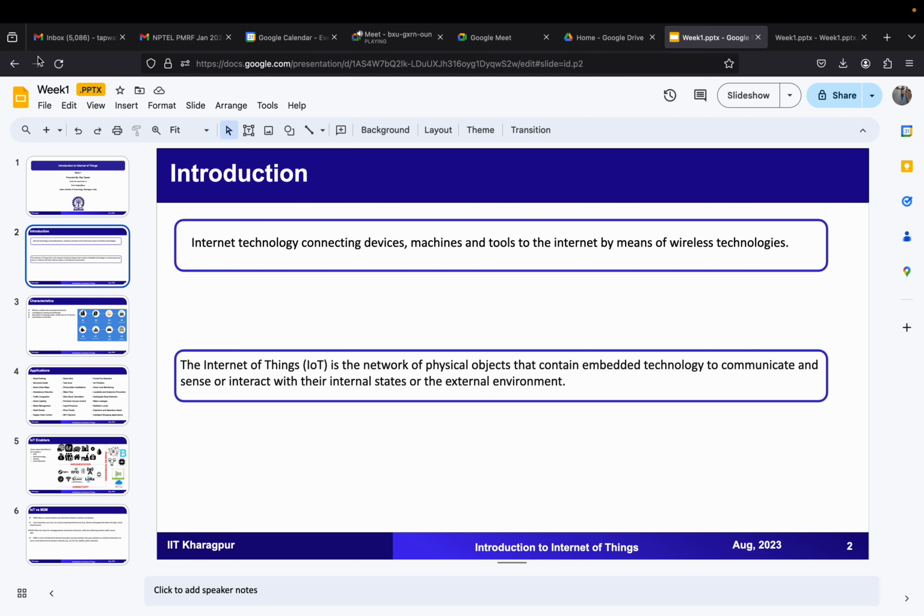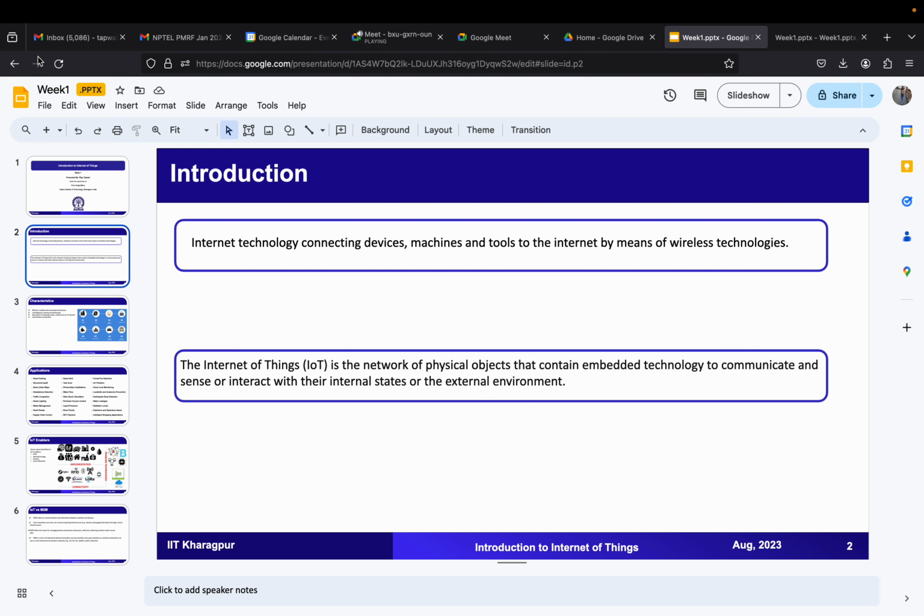First of all, Internet of Things means internet technology connecting devices, machines and tools to the internet by means of wireless technology. Basically there are different kinds of objects, machines, sensors, actuators, and these objects interact with each other with the help of the internet.